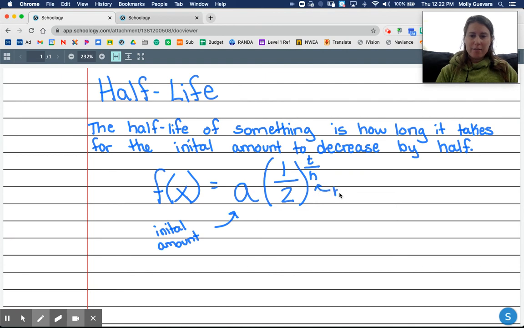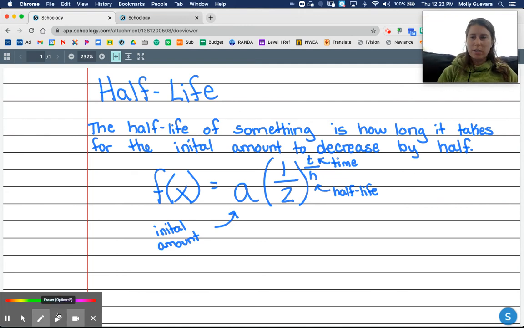H is your half-life. That is the time, right? How long it takes to decrease by half, where t is the time. And so I'll show you how this works. So make sure you have this equation written down, because we're going to reference it here. We have 2 examples to do.